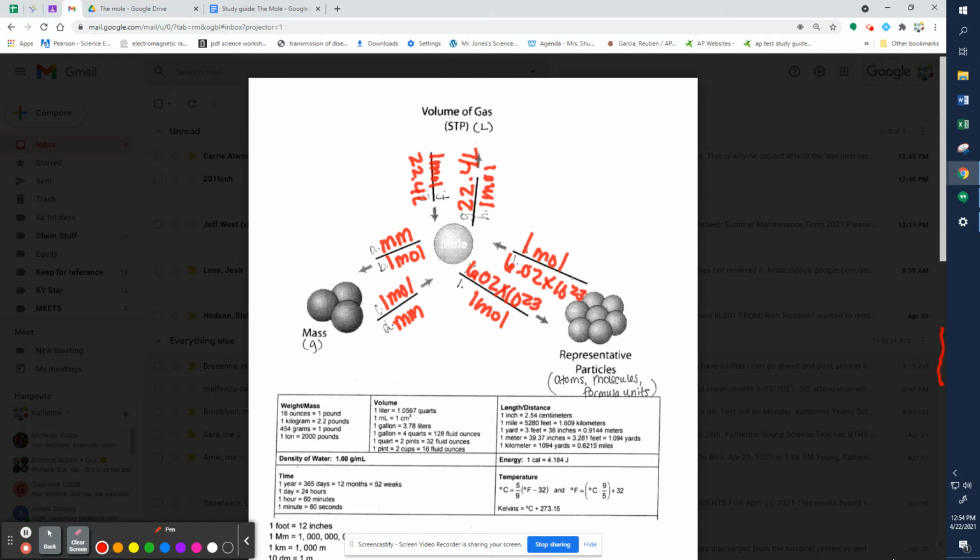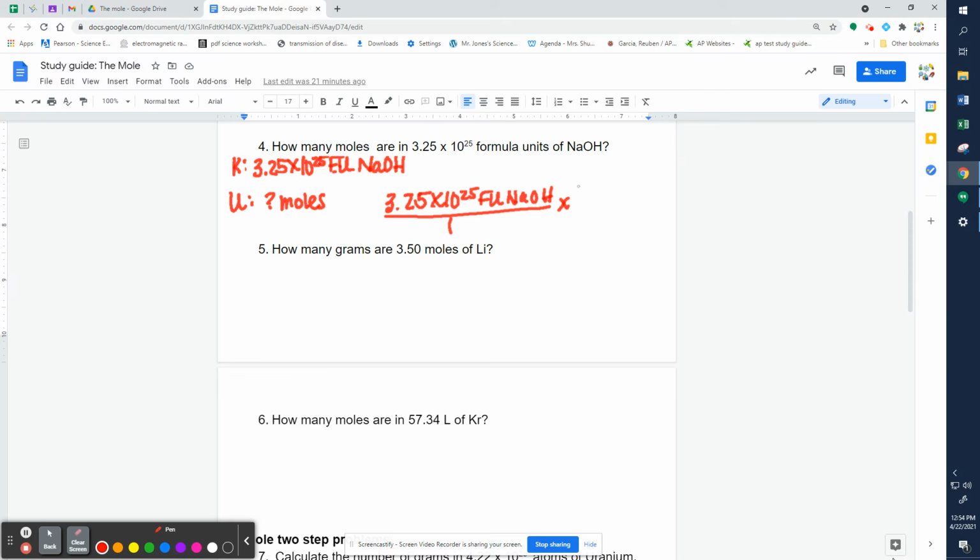So I'm going to use this conversion factor. 1 mole over 6.02 times 10 to the 23rd. So on top, I have 1 mole of NaOH. On the bottom, I have 6.02 times 10 to the 23rd formula units of NaOH. My units are going to cancel, and I'm going to end up with moles of NaOH. When I do the actual division, I'm going to end up with 53.99 moles.